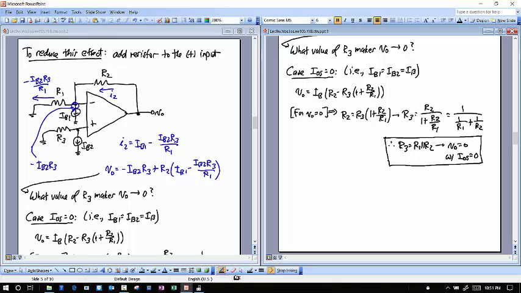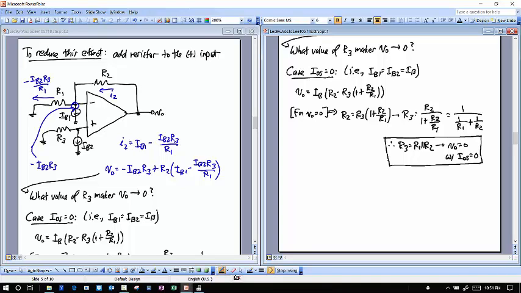This says that if you have an amplifier that has R1 and R2, say a non-inverting amplifier here that is using R1 and R2 to set its gain, and you want to make the output voltage equal to 0, even though you have input bias currents that are equal into both the negative and the positive terminals, then you want to take a resistor, put that on the positive terminal, and make its value equal to the parallel combination of R1 and R2.